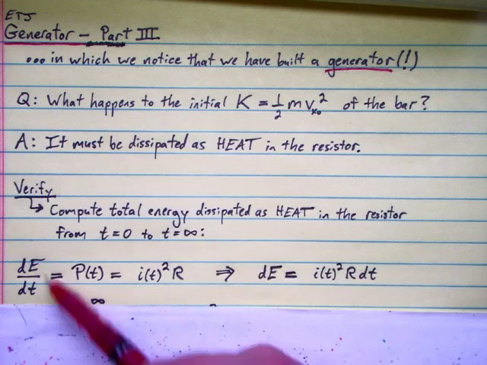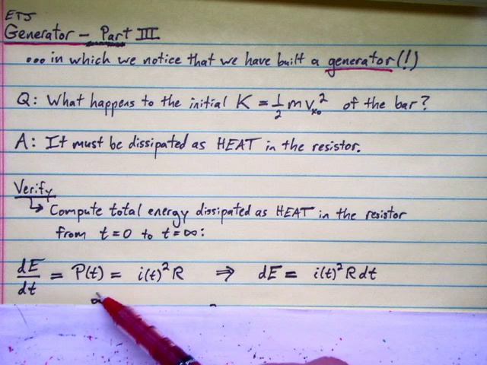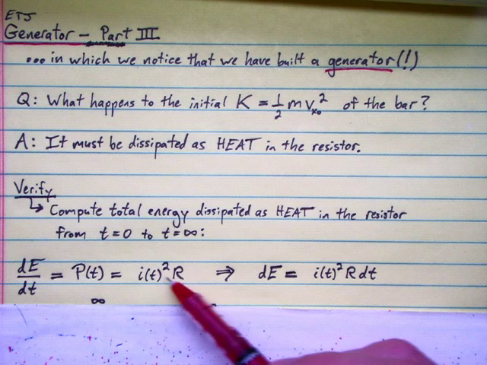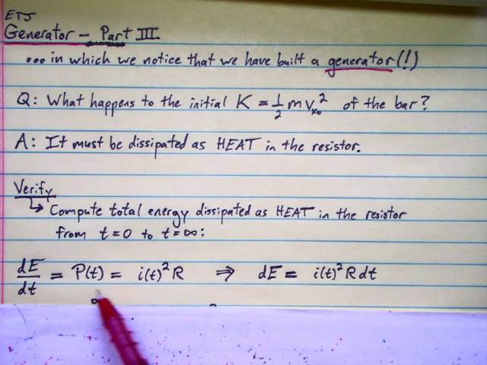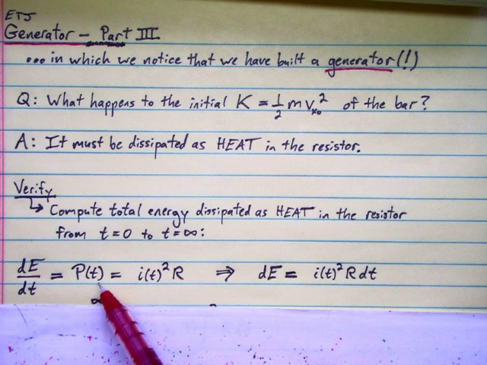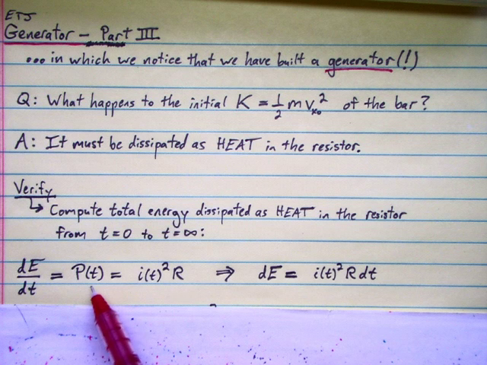Okay, so the rate of energy dissipation in that resistor, we call that power, the power output of that resistor. And it is the current through that resistor squared times the resistance of that resistor. So I squared R, that's the instantaneous rate of power generation or power dissipation in our resistor. Since that current is a function of time, the power output will also be a function of time.